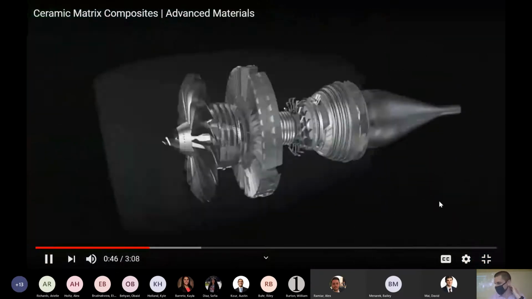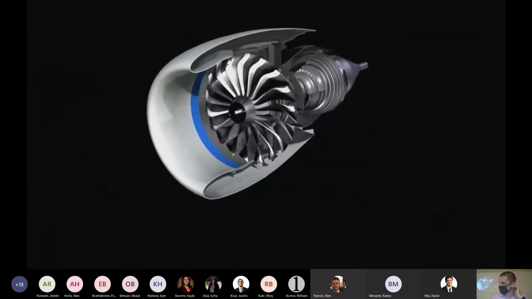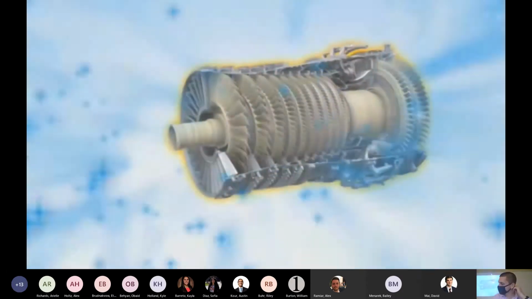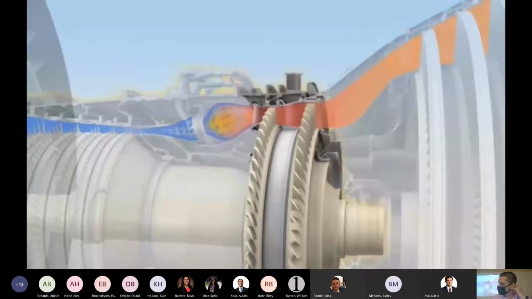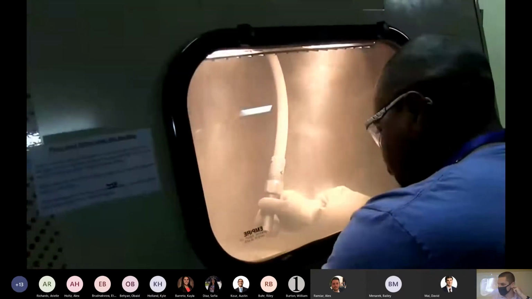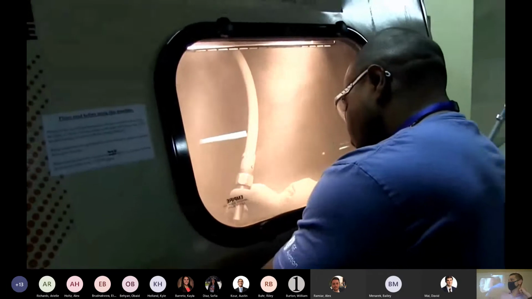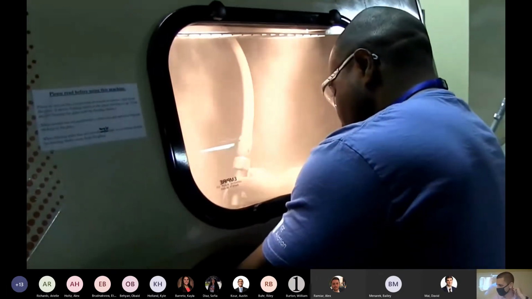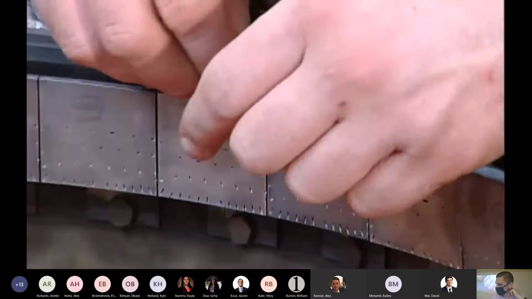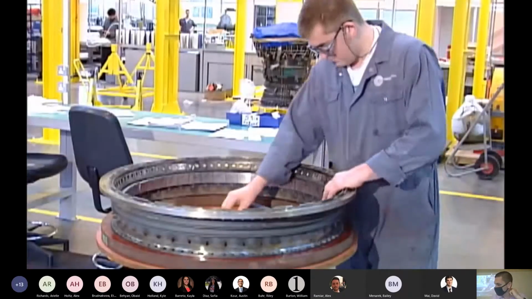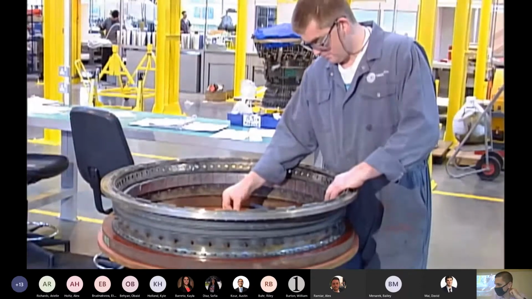Today, the bulk of a jet engine's weight comes from metallic parts that are built to withstand extreme temperatures generated in the high-pressure compressor, combustor, and high-pressure turbine, otherwise known as the engine core. Our buddy Kevin here is washing off a lightweight ceramic matrix composite shroud, or CMC as we call it. A conventional shroud acts to prevent airflow from leaking inefficiently between the tips of turbine blades and the turbine casing.